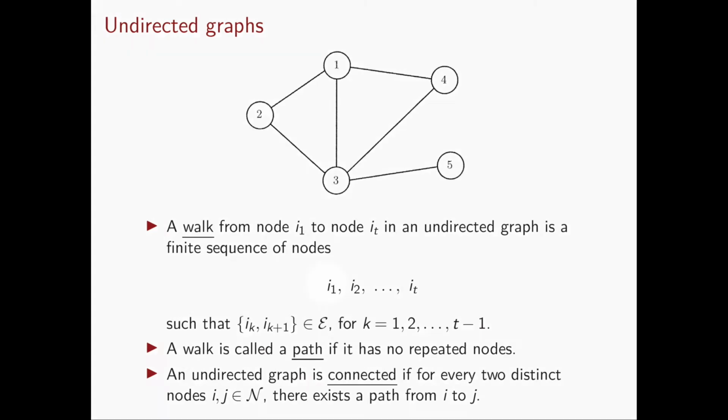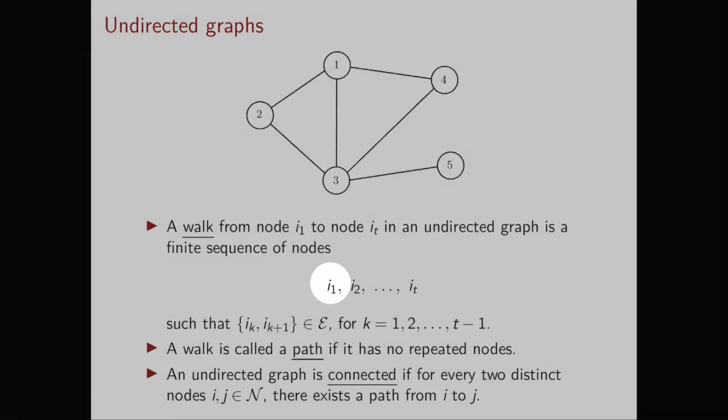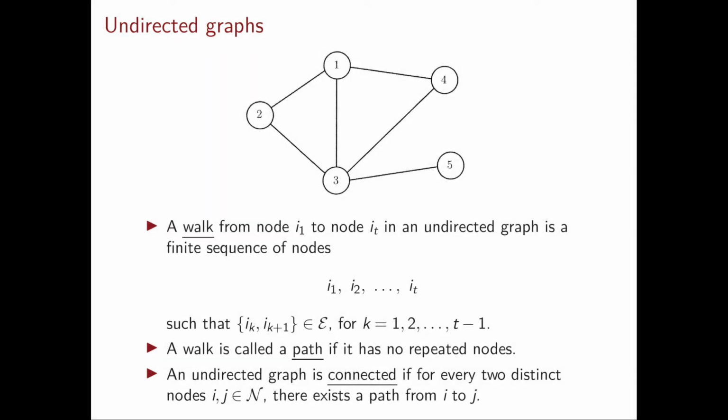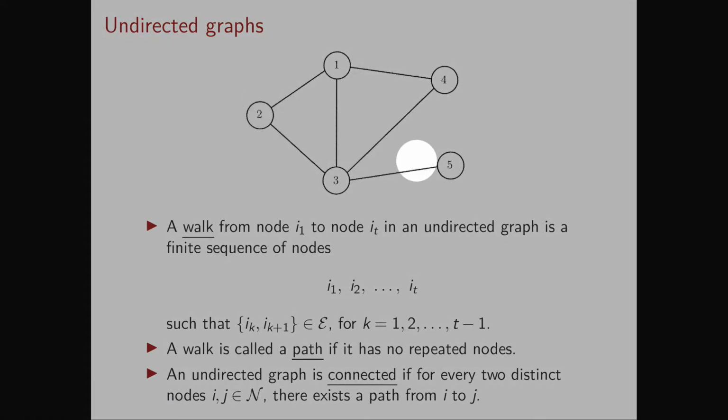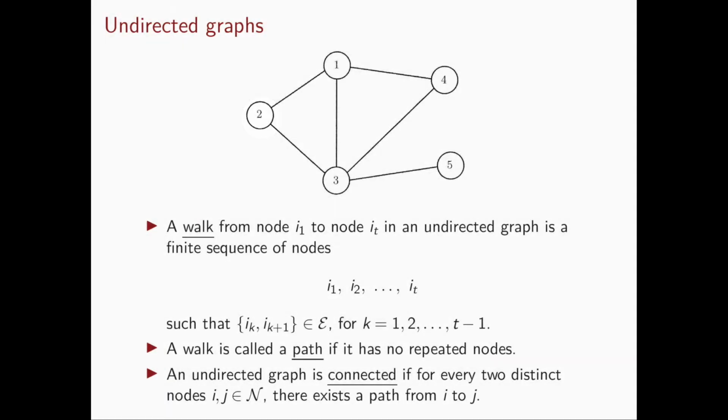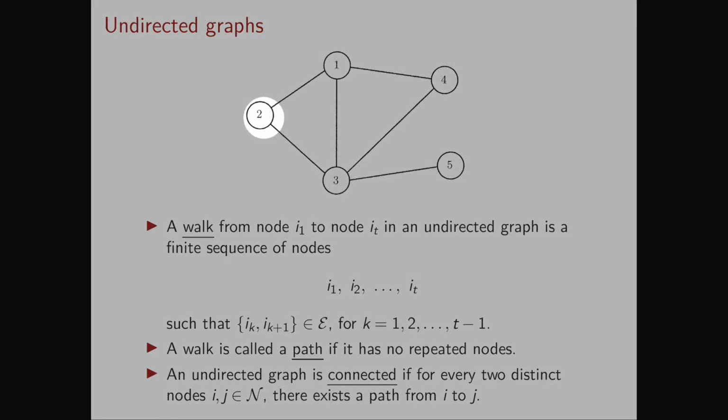In this sequence, every pair of consecutive nodes must be an edge. So {i1, i2} must be an edge, {i2, i3} must be an edge, and so on and so forth. In our example, let's consider node 2 and node 5. Of course, there are several walks from node 2 to node 5. One of them, for example, is 2, 1, 3, 4, 3, 5.